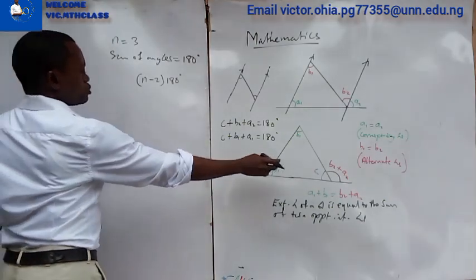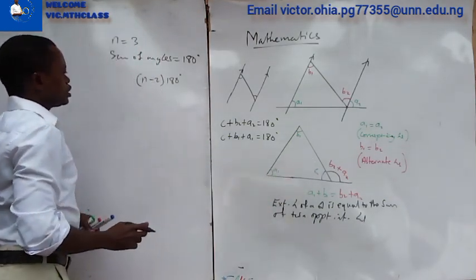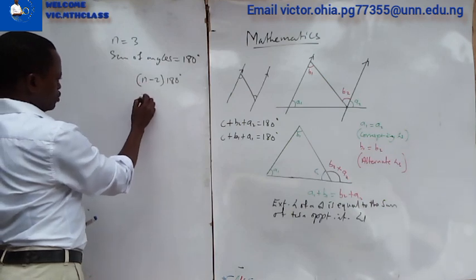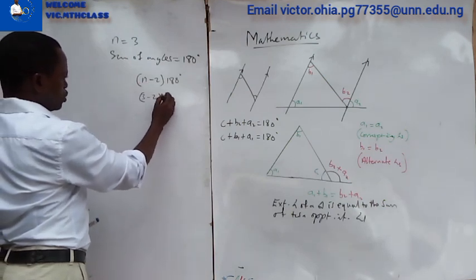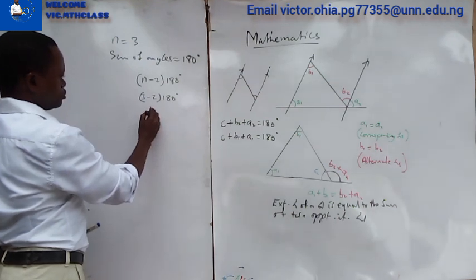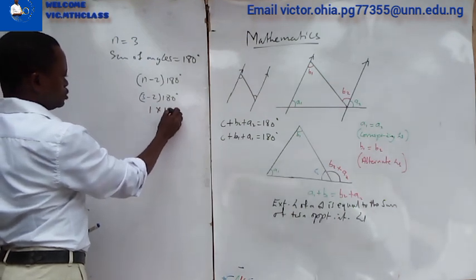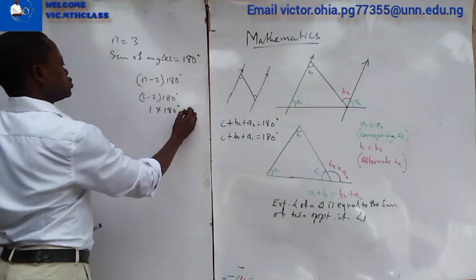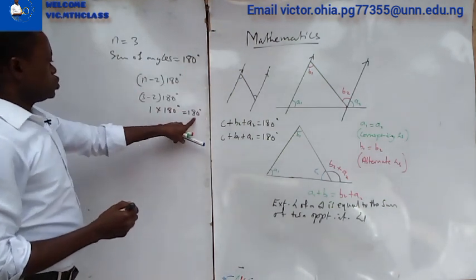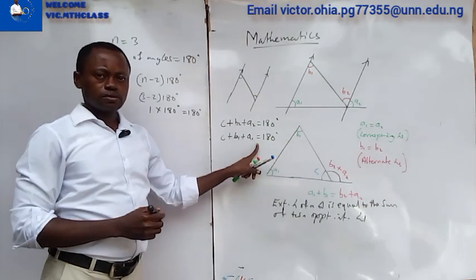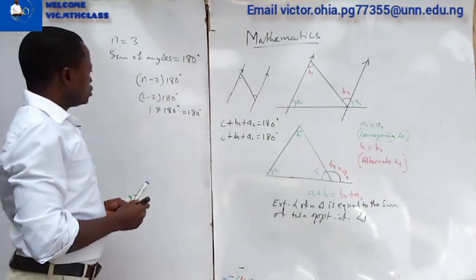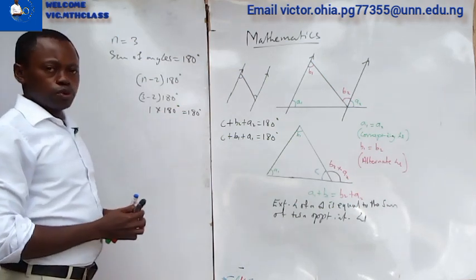Of course, in a triangle, you have three sides. So if you put 3 here, you have 3 minus 2 into 180 degrees. So you now realize that this is one triangle times 180 degrees, which equals 180 degrees. Of course, the sum of angles in a triangle is 180 degrees. We have already shown that. So you can now see that this expression is used to obtain the sum of angles in a polygon.